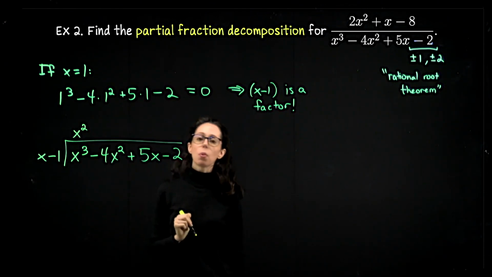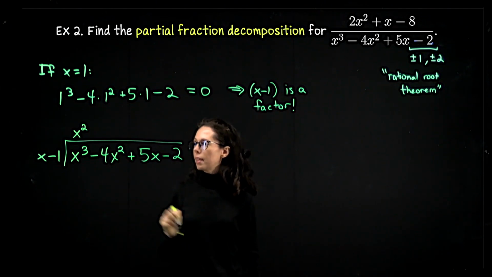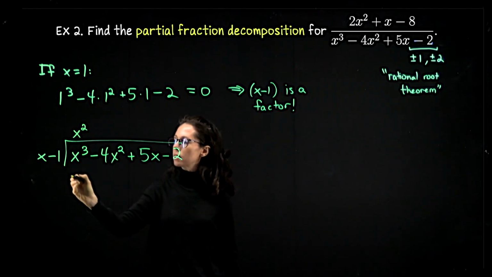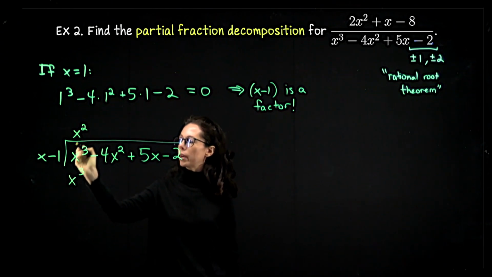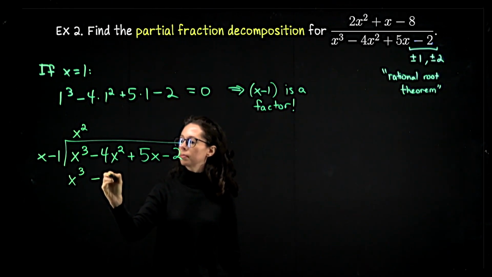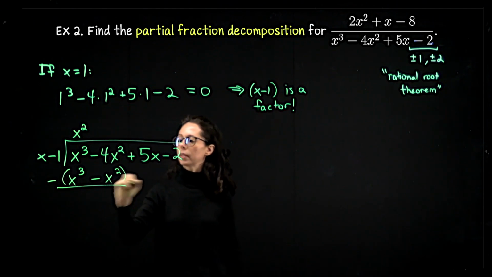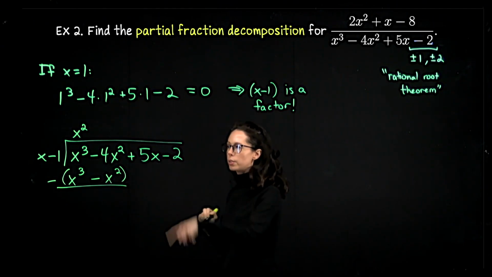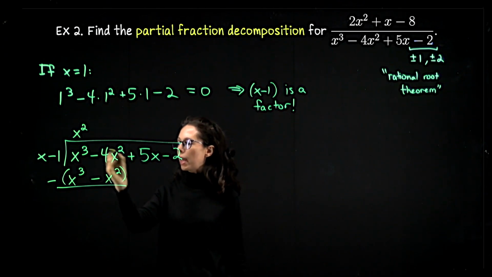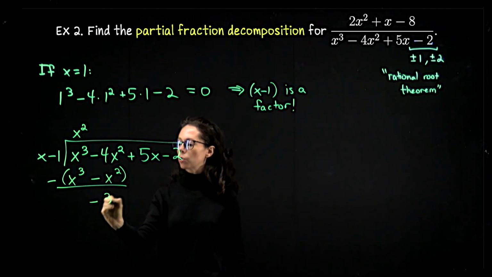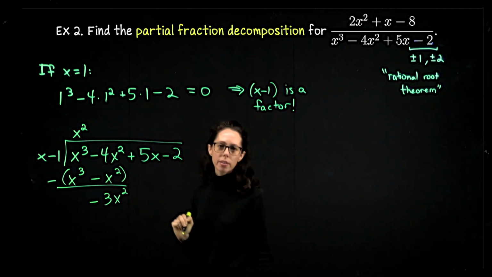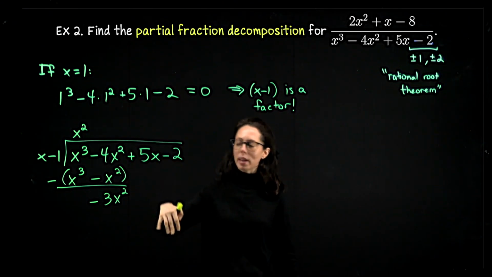It needs to be multiplied by x squared. That leaves us with x squared times x and x squared times negative 1. Now when I do the subtraction, the first terms cancel out, and I'm left with negative 3x squared. When I'm long dividing polynomials like this, I just bring everything down.